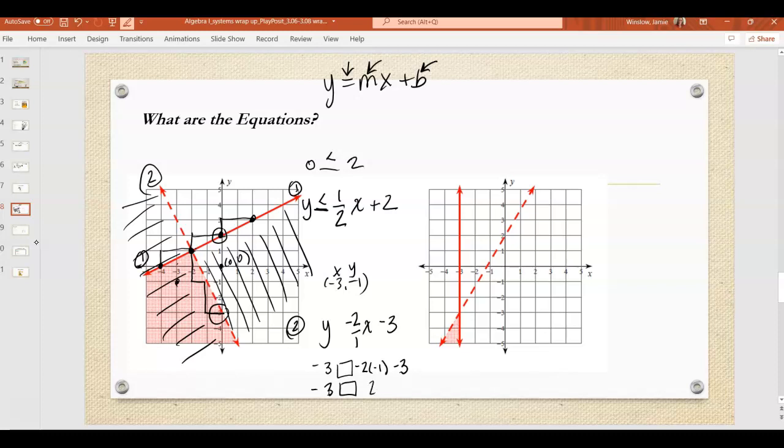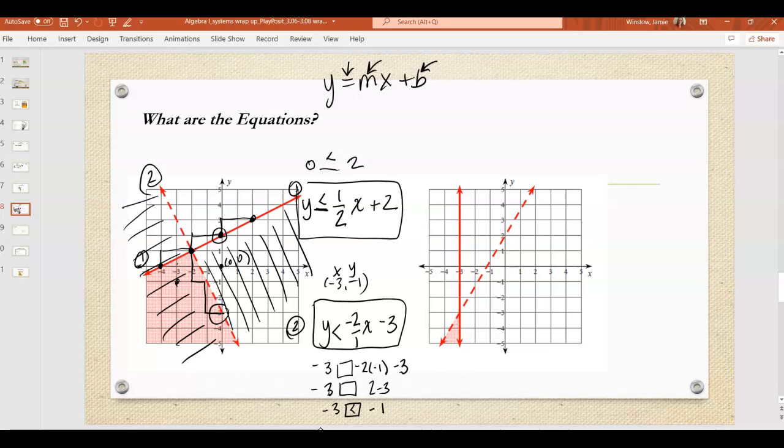This is a +2 minus 3, so -3 and -1. So what is -3 to -1? -3 is less than -1, right? So we're going to have less than. So these are our two inequalities.